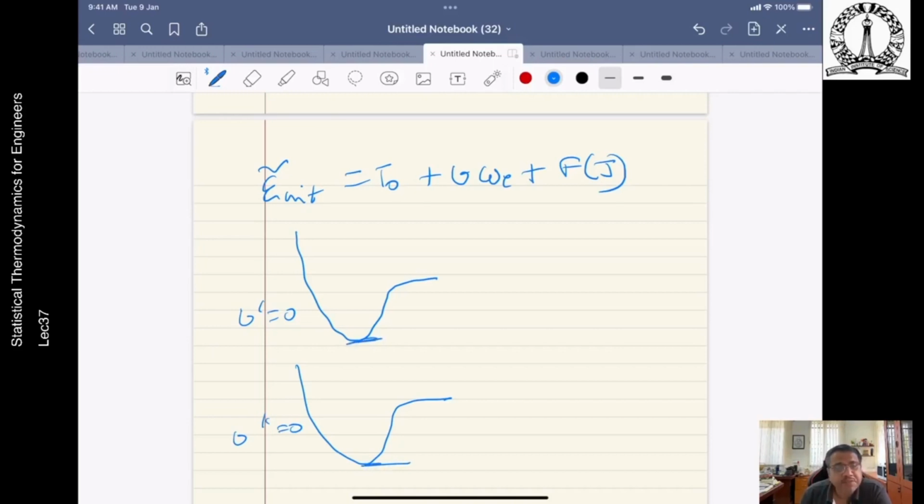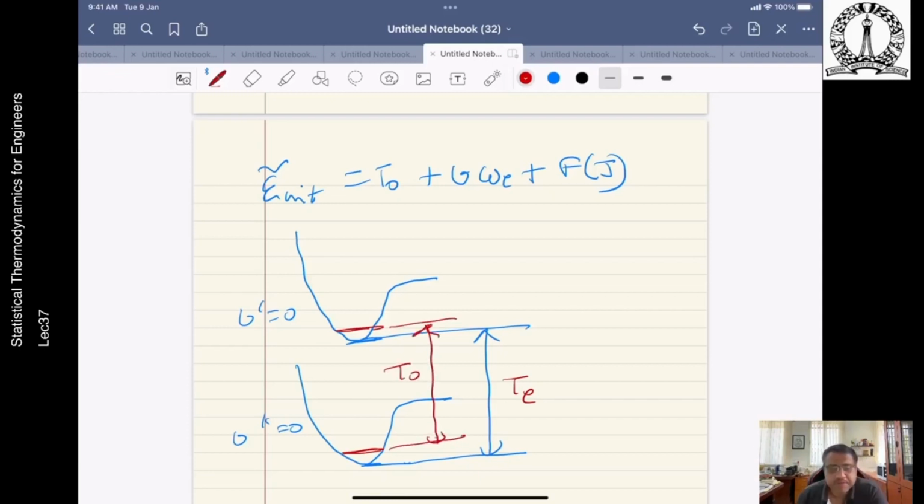The difference between these two is this T, and this is actually your T naught.